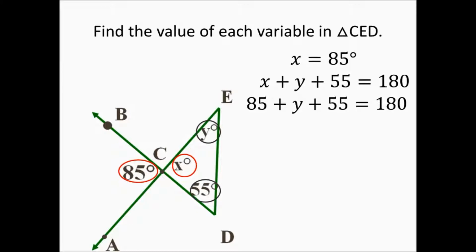The rest becomes algebra. We combine like terms, so 85 plus 55 gives us y plus 140, which is equal to 180.